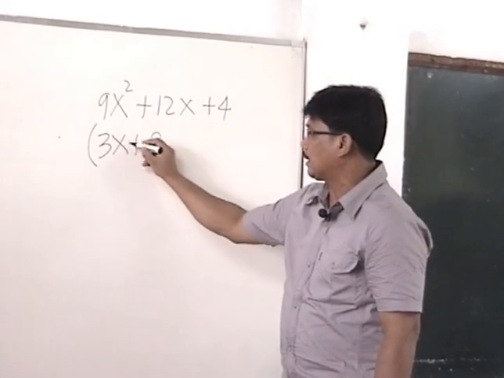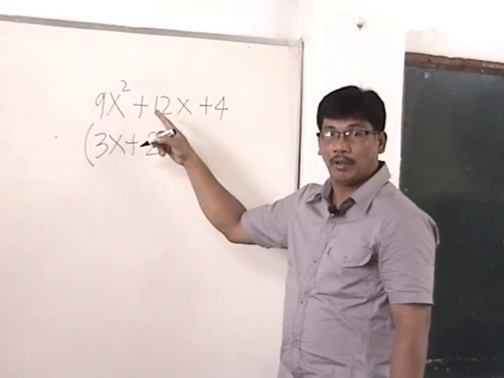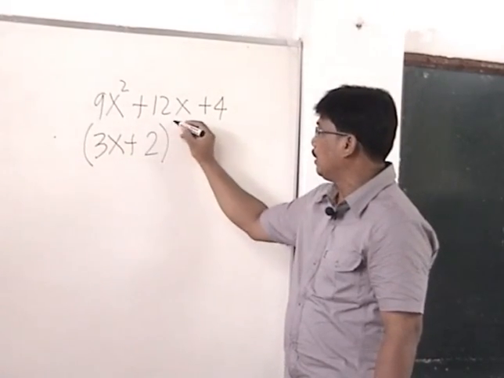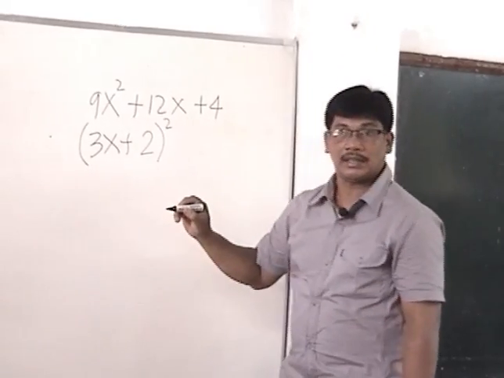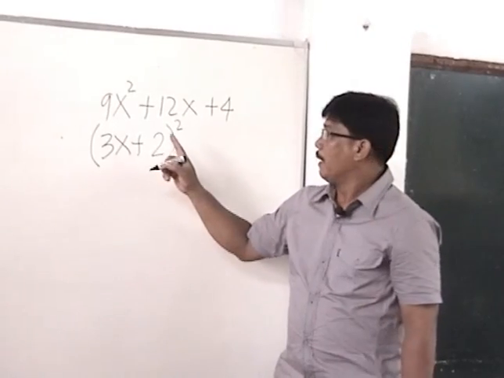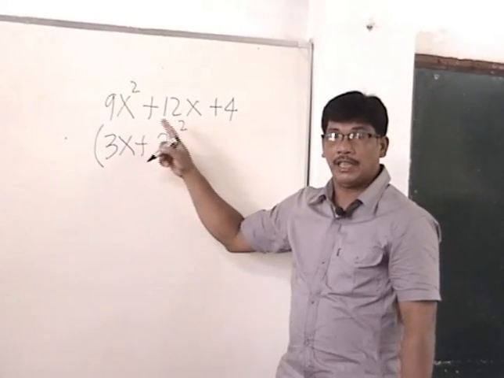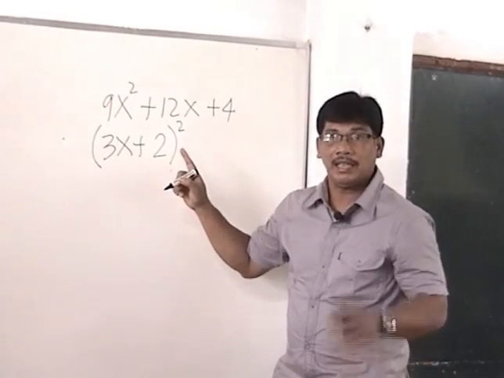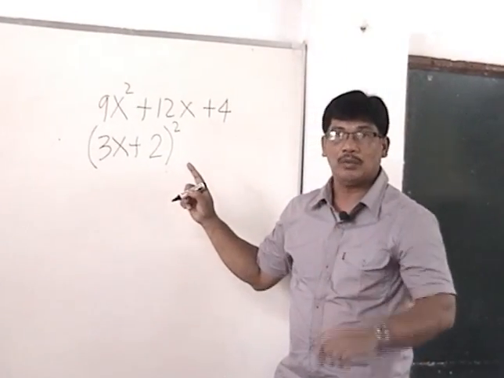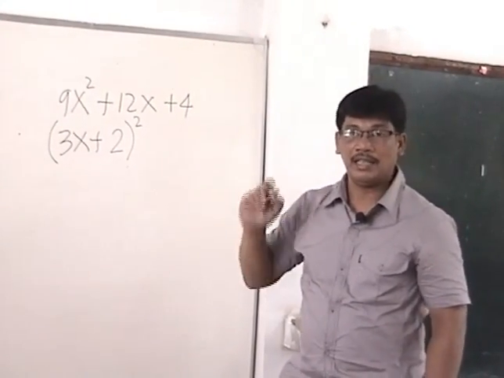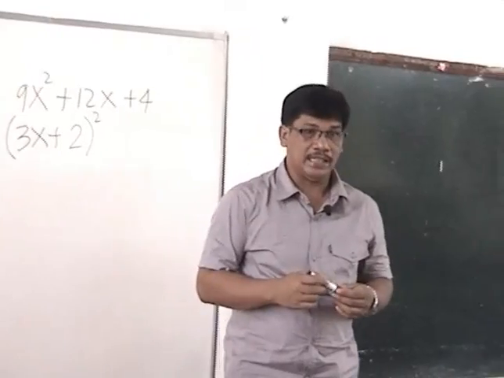If it is negative or minus, we use minus. Then quantity squared. What do you mean by this? Just because, class, the factors of this kind of trinomial must be two binomials which are exactly the same. So I hope you understand, class.